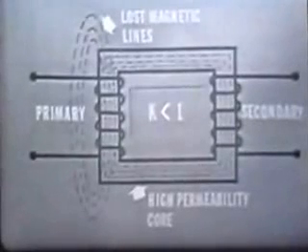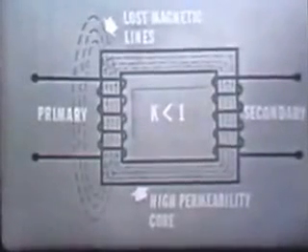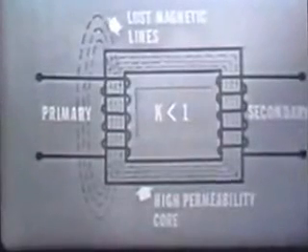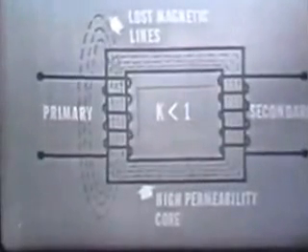Now, this prevents the coefficient of coupling from ever being exactly unity, or 1, in a practical transformer. It should be pointed out, however, that a coefficient of coupling of 0.98 is possible between the coils of a well-designed transformer. Now, in general, there are 4 types of transformers.